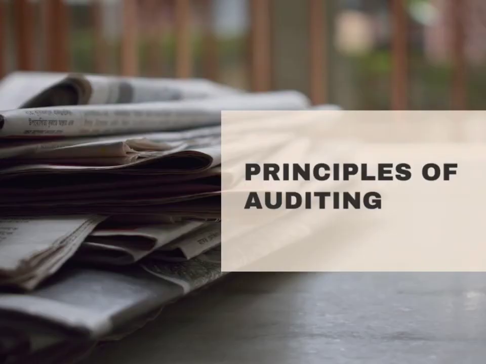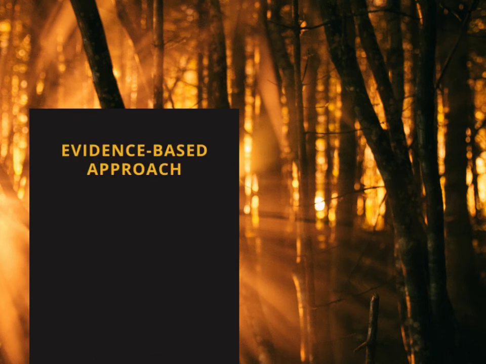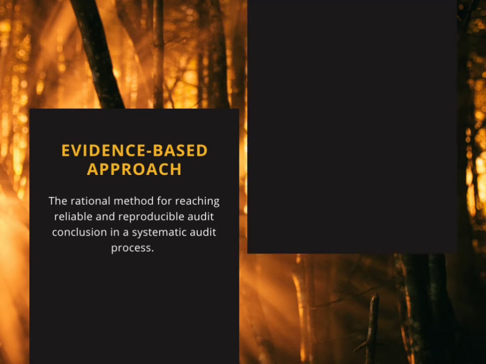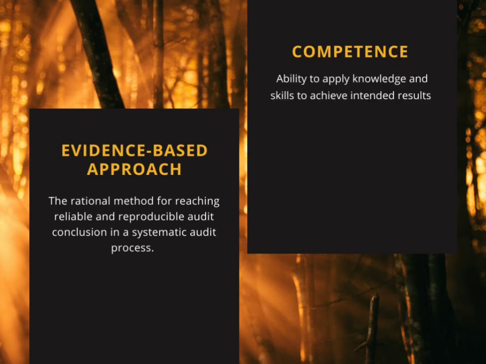We can't conduct auditing without following principles, as much as we can't draw a circle without using a compass, so let's continue with the principles of auditing. The first one is the evidence-based approach, meaning the rational method for reaching reliable and reproducible audit conclusions in a systematic process. Second, competence, meaning the ability to apply knowledge and skills to achieve intended results.